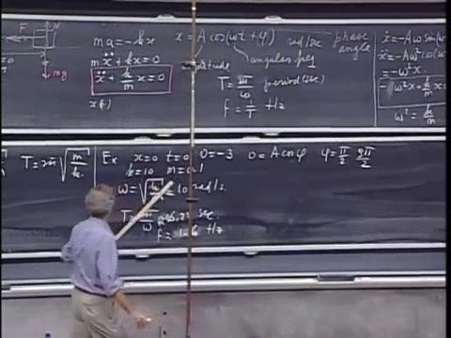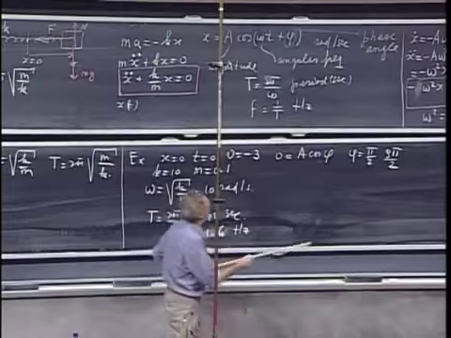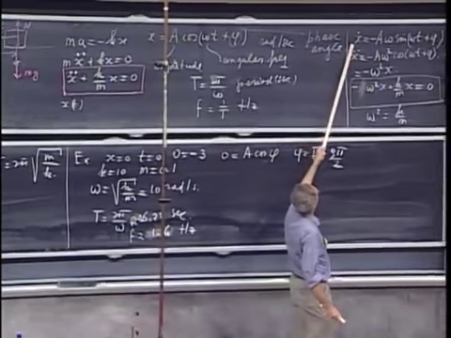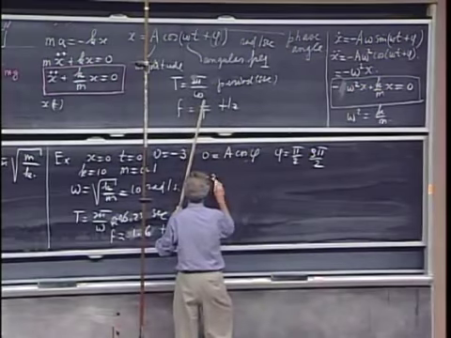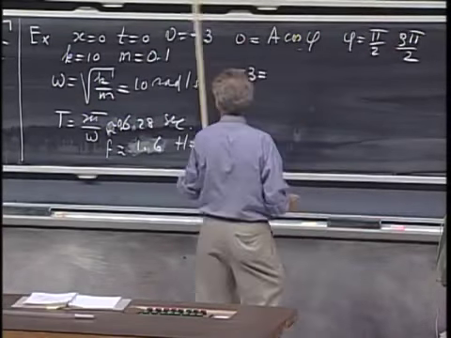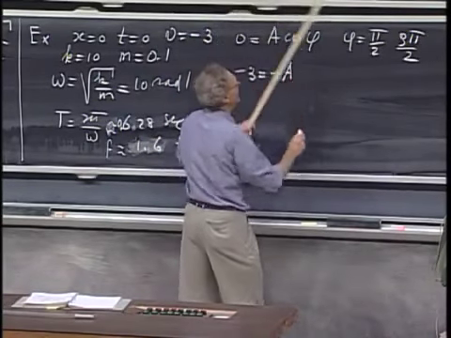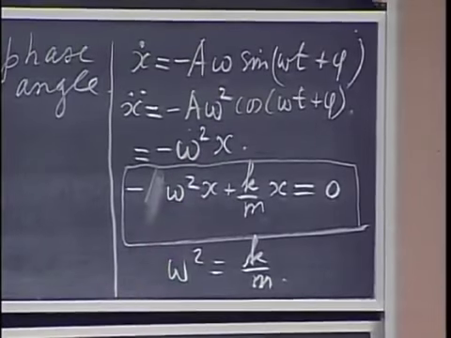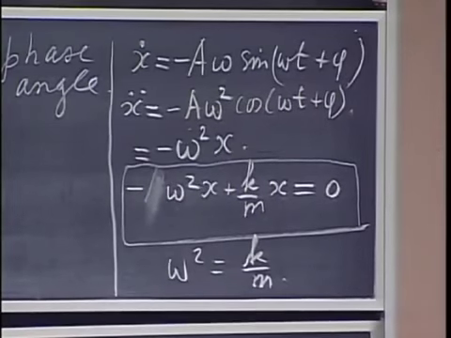Now I go to my next initial condition, that the velocity is minus 3. Now here you see the equation for the velocity. This is minus 3 at t equals 0. So minus 3 equals minus A, and A we don't know yet, times ω, and there we have ω squared, which is 10. T is 0, I get the sine of φ.